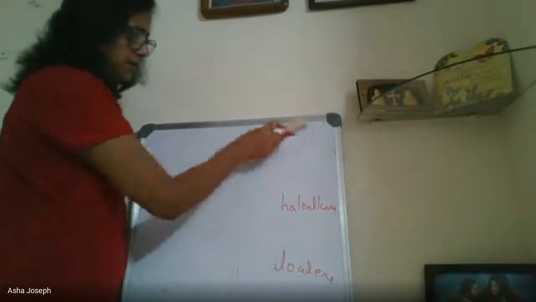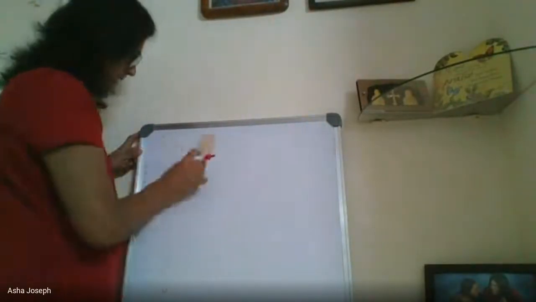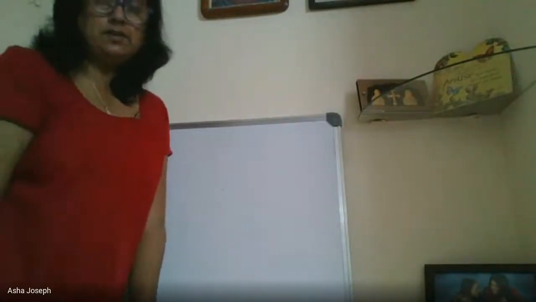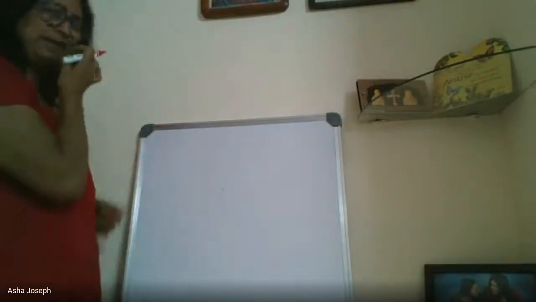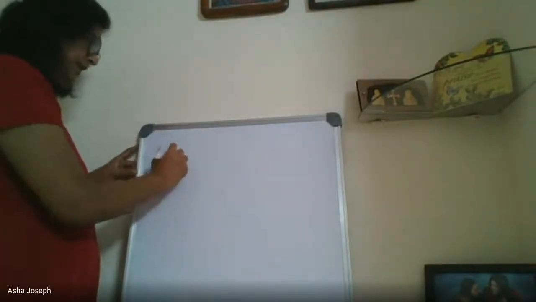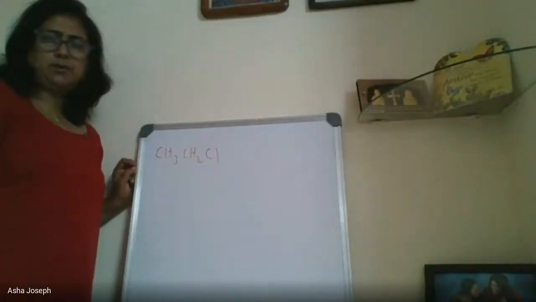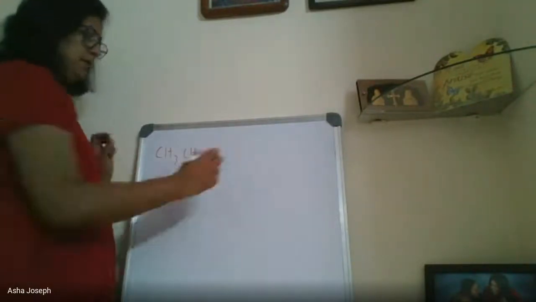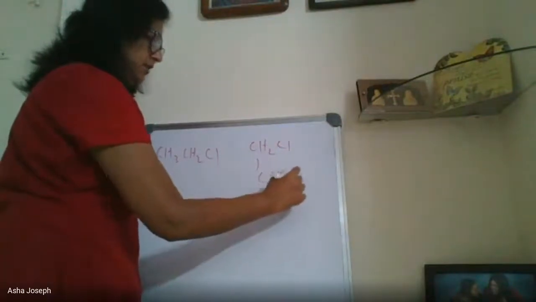So, next topic, classification. There are different types of haloalkanes and haloarenes. The first classification is based on the number of halogen atoms. I will give an example. If one halogen atom is there, it is a monohalogenated alkane. If there are two, it is a dihalogenated compound.